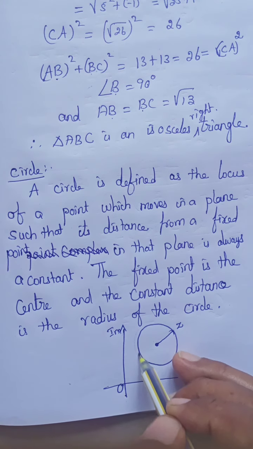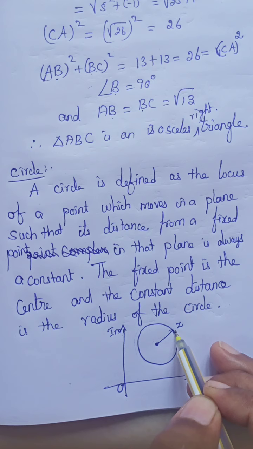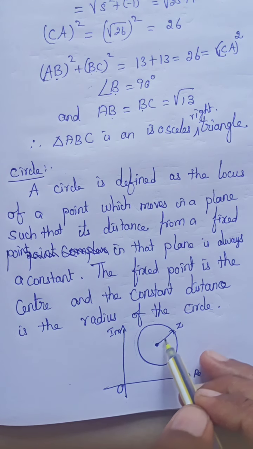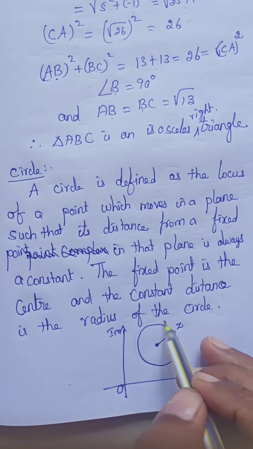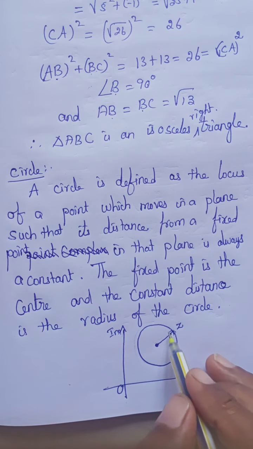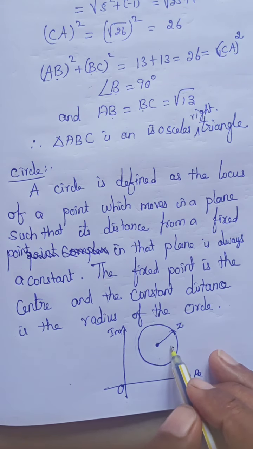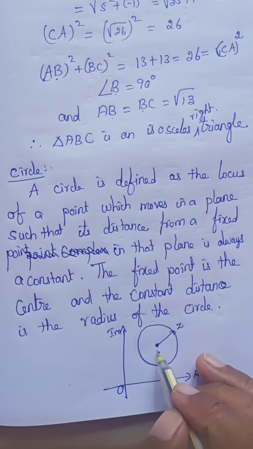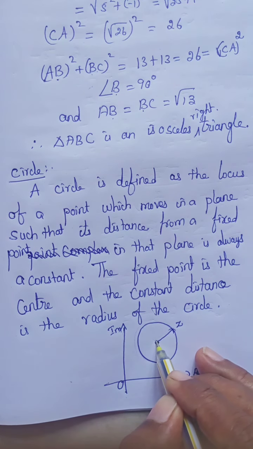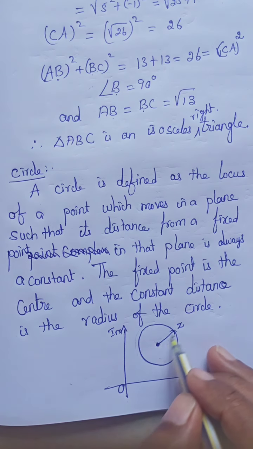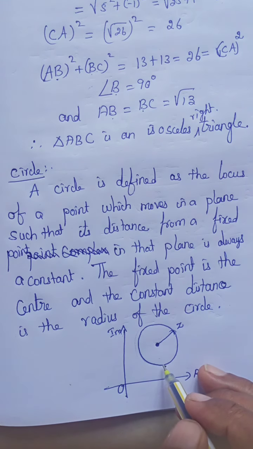When we move, we get a circle. The fixed point is called the center and this constant distance is called the radius.